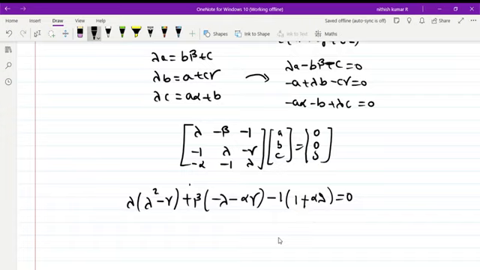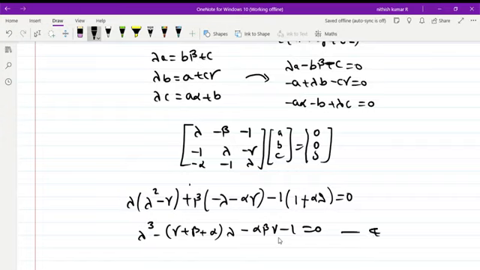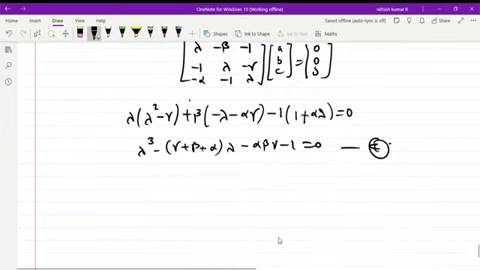If the determinant is 0, then this system has a non-trivial solution. Simplifying, I get lambda cube minus alpha beta plus beta gamma plus gamma alpha times lambda minus alpha beta gamma minus 1 equal to 0. Let me name this equation number 4. Note that this is a cubic equation, so it has 3 roots.